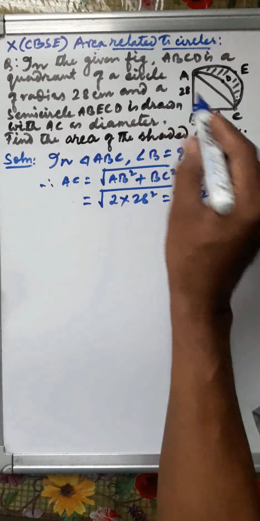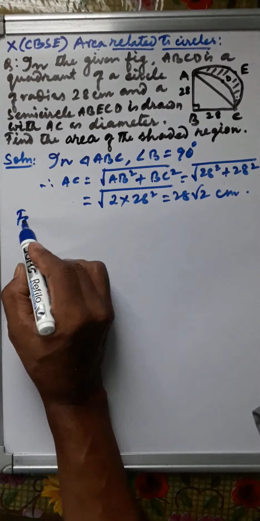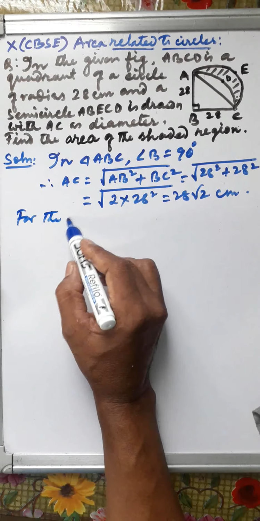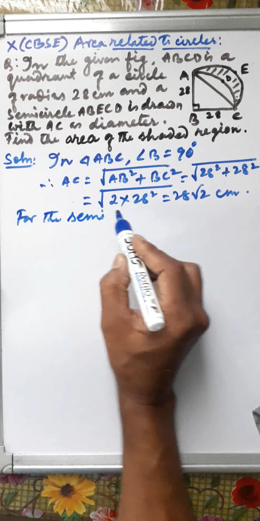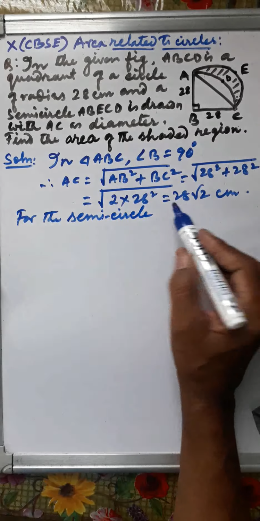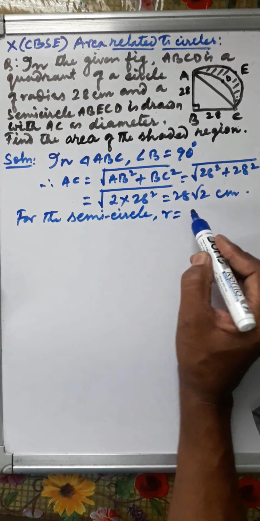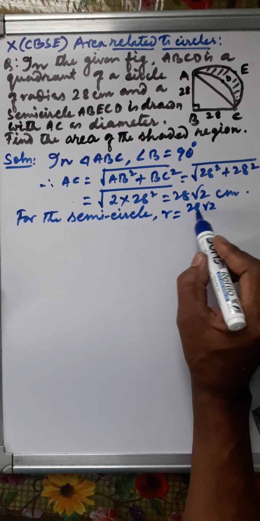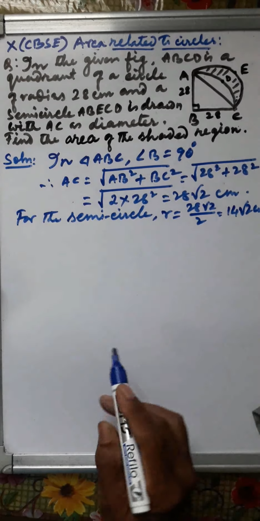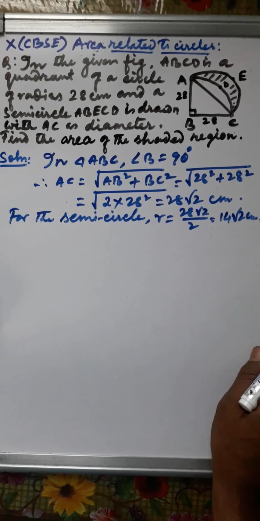Now, for the semicircle, radius is equal to 28 root 2 by 2, that is 14 root 2 centimeters.